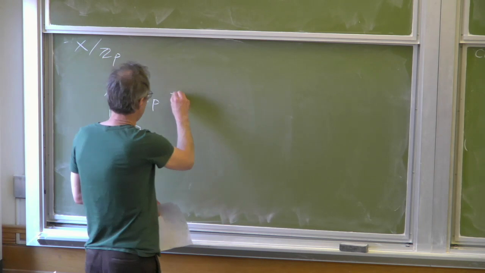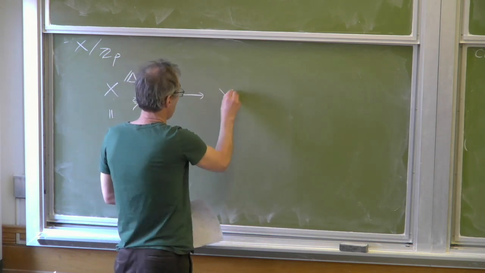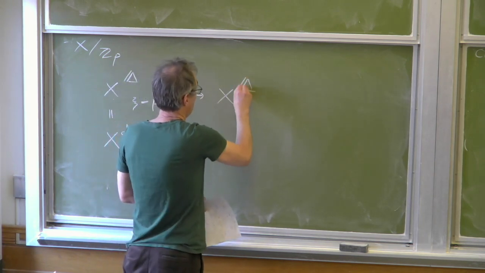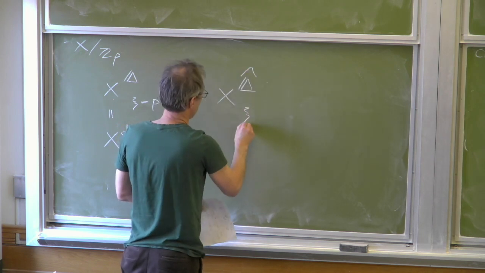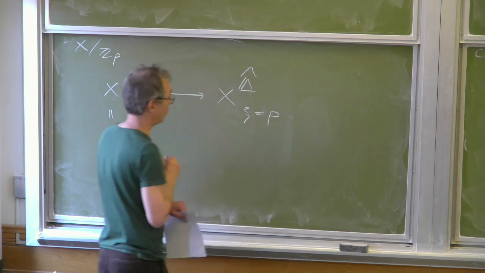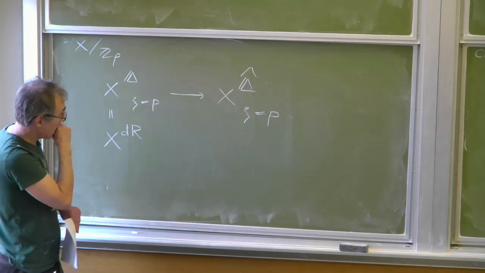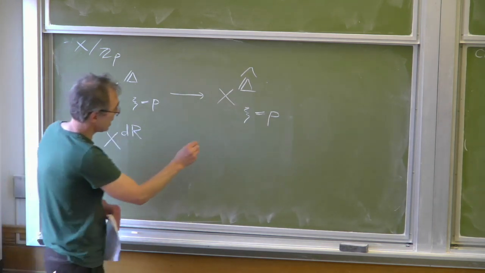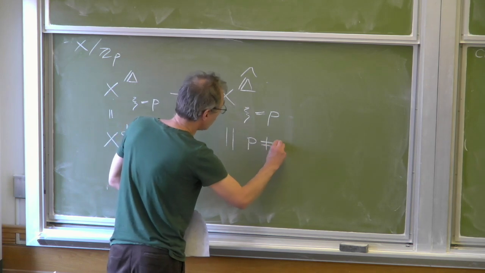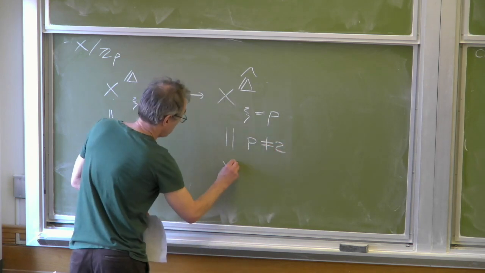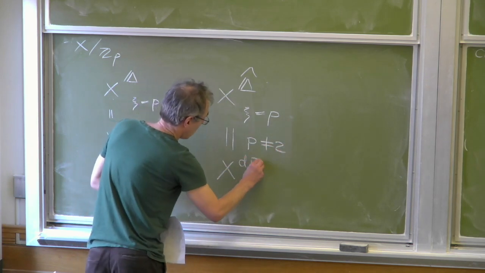And so then we have the sheared prismatization at point C equal p. And I think I will explain that if p is not 2, this is the sheared de Rham.